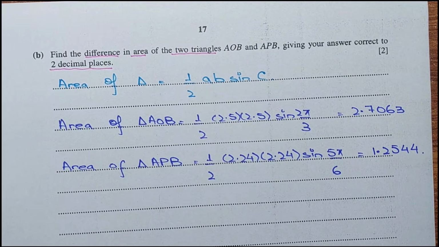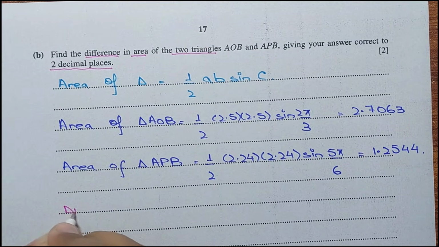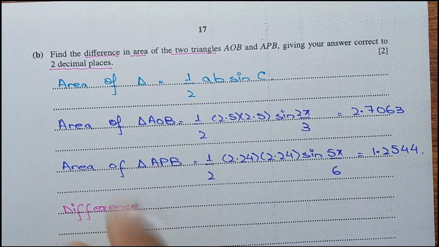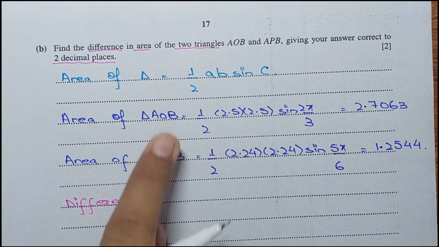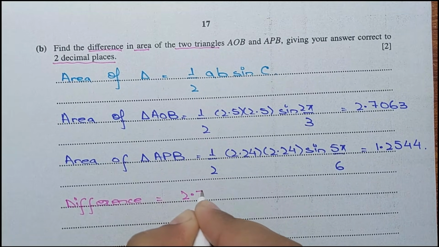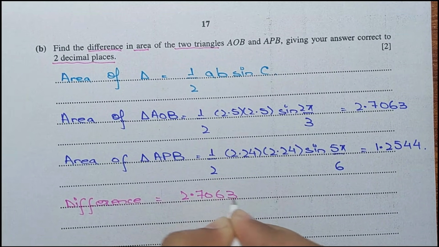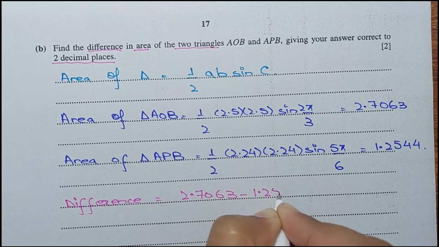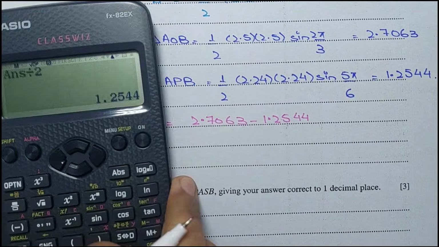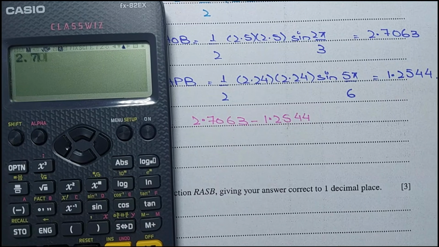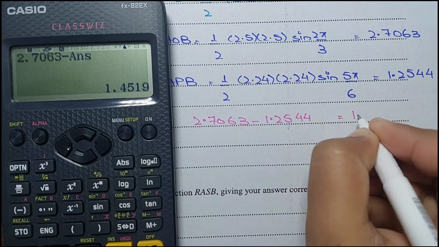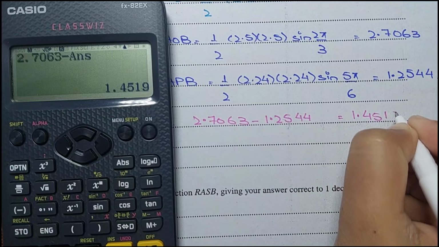Now to find out the difference in area of the two triangles, the area of this triangle and this triangle, the difference would be 2.7063 subtract 1.2544. Let me simplify this further. 2.7063 subtract, the answer is 1.4519.